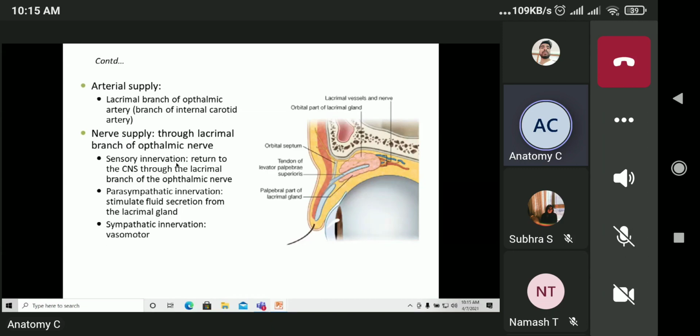Parasympathetic innervation stimulates fluid secretion from the lacrimal gland. Sympathetic innervation is vasomotor. For nerve supply and artery supply, you have to remember: the lacrimal branch of the ophthalmic nerve, whereas for the arterial supply, it is the lacrimal branch of the ophthalmic artery, a branch of the internal carotid artery.